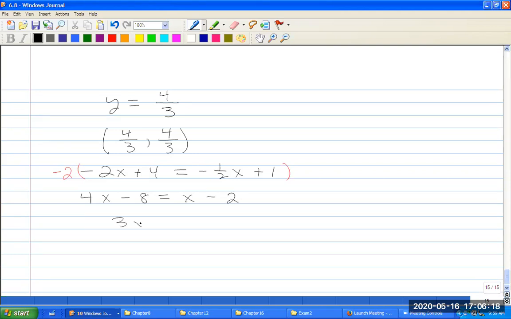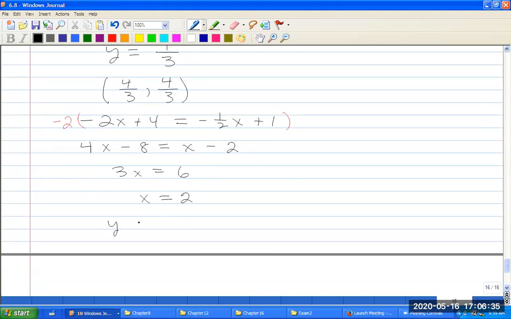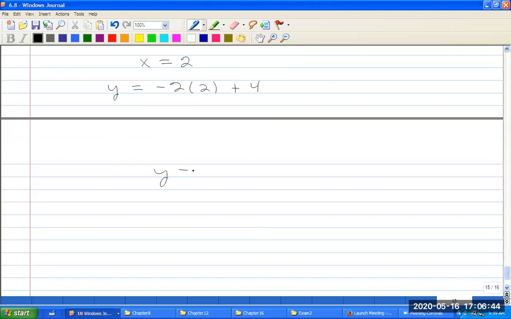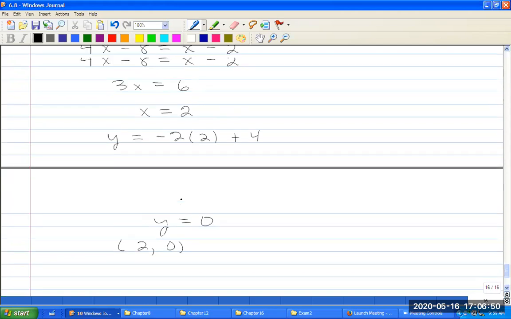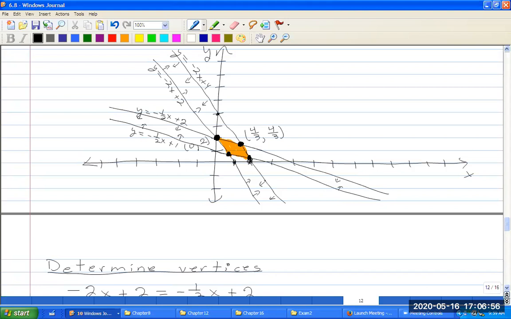Subtract x, so 3x is equal to 8 minus 2, which is 6. So x is equal to 2. Okay, good. And let's figure out what y is. So y is equal to negative 2x plus 4. So y equals 0. And so we're at 2, 0. So your other vertex here is at 2, 0.